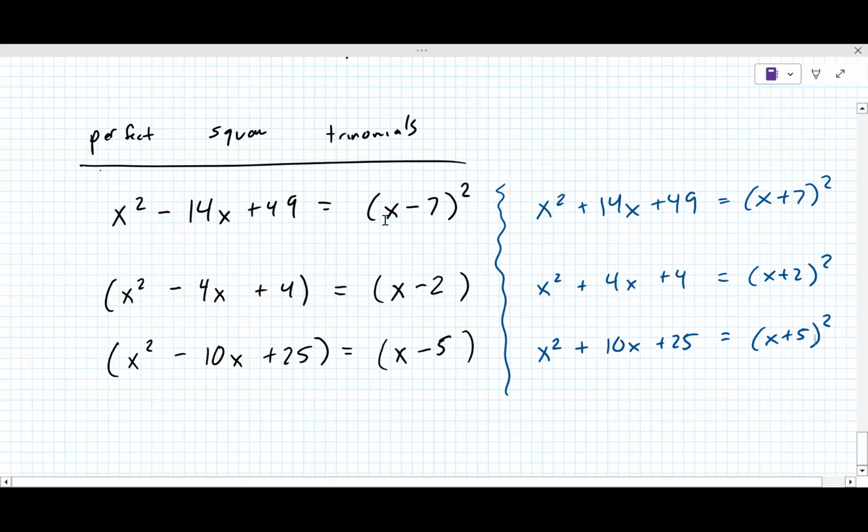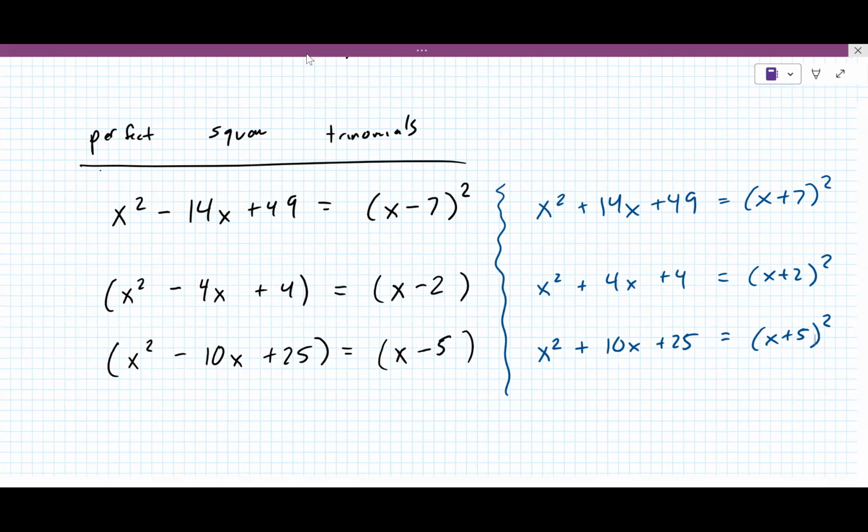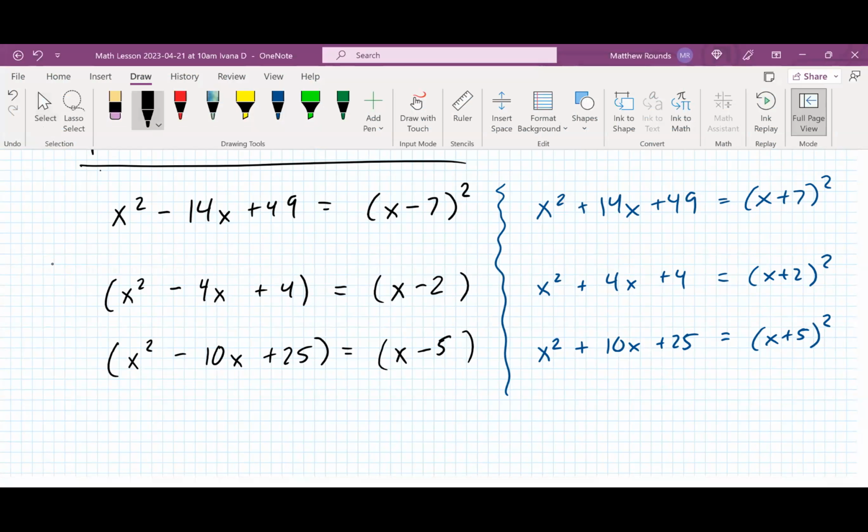So the important thing here is to be able to recognize the form. If it's negative, the answer is going to have a negative. If it's positive, it's going to be positive. All right, so let me give you a couple of examples here to think about.